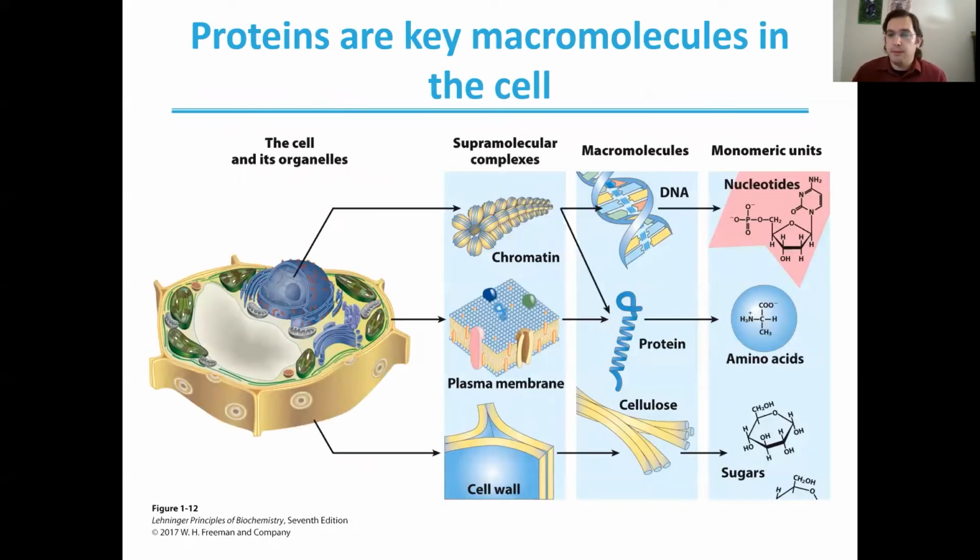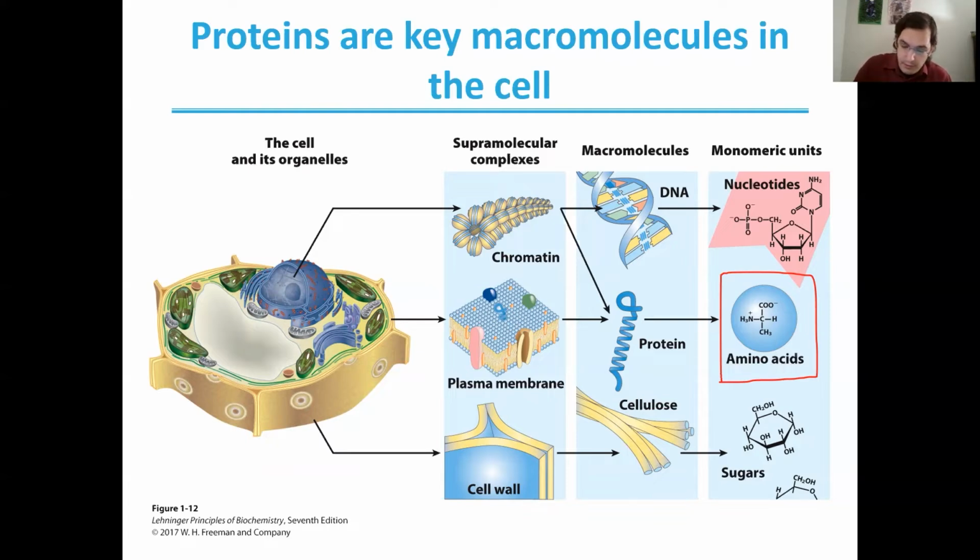Now, despite the complexity of our proteins, they're actually built up from relatively small, simple molecules that we call amino acids. So our proteins are biopolymers. Polymers, of course, refer to a molecule that's built up by connecting lots of smaller molecules together.